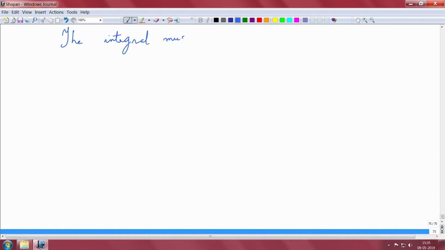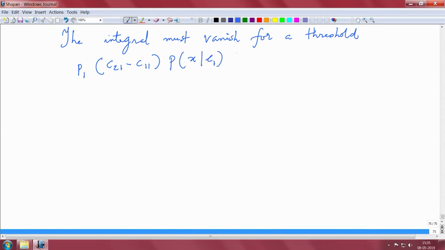The integral which is over the space H1 must vanish for a threshold, and that happens if P1 times C21 minus C11 times P of x given C1 is equal to P2 times C12 minus C22 times P of x given C2, then that integral vanishes.